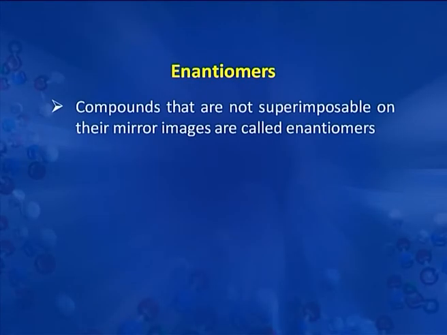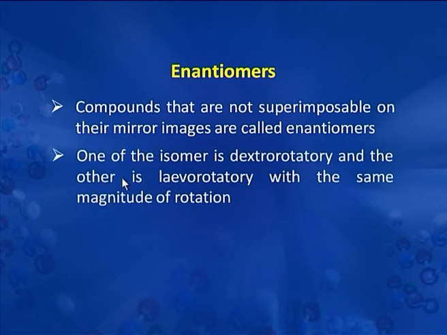Let us look at the other characters of these enantiomers. Enantiomers are not superimposable on their mirror images. One of the isomers will obviously be dextrorotatory and the other levorotatory with the same magnitude. They will have all other physical and chemical properties identical.